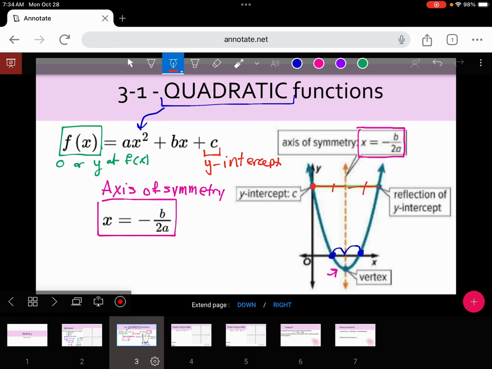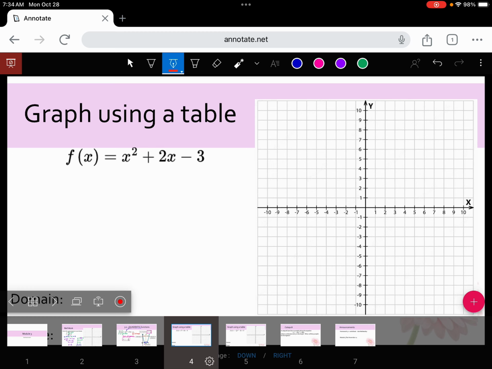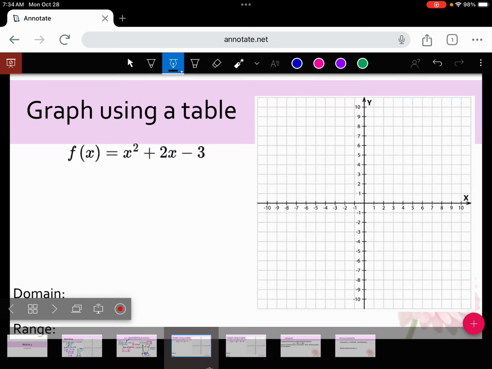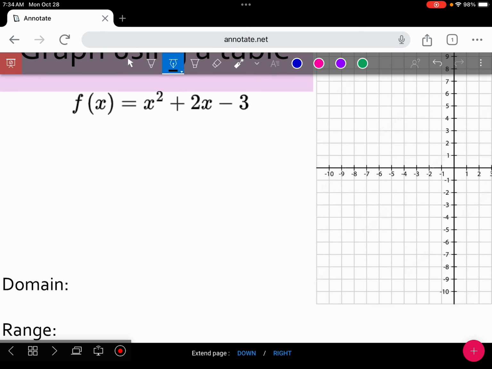So our first one we're going to graph is this. We've got f of x equals x squared plus 2x minus 3. And what we're going to do is we are going to use a table to graph.